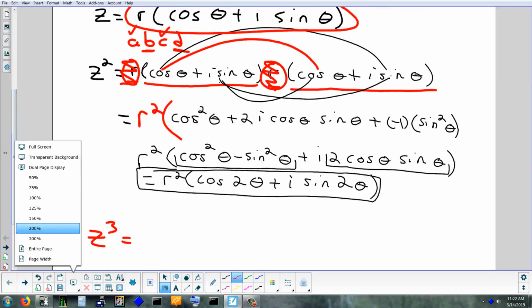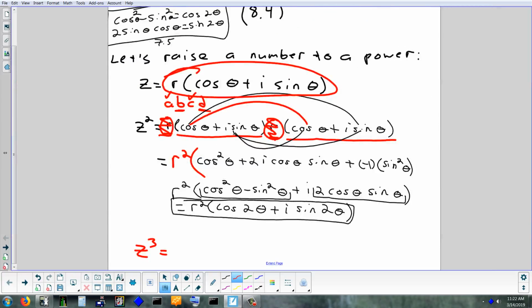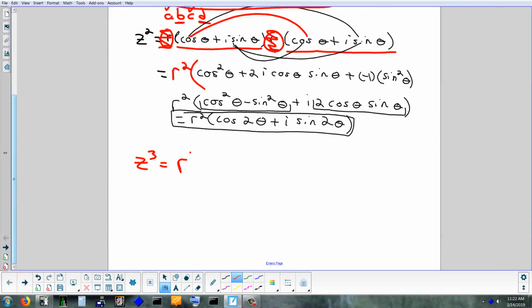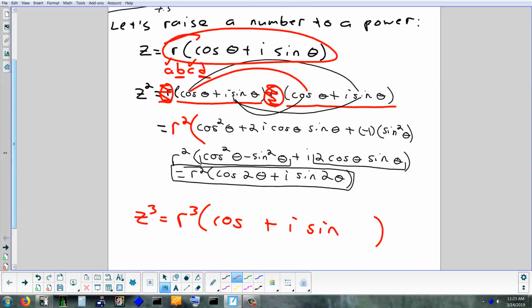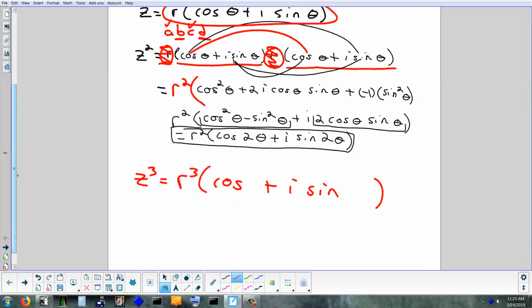Does anybody have a guess what would be in the front when I do z cubed? It would be r cubed. And now there's one more thing to figure out. What do you think the angle would be? It would just be 3 theta.